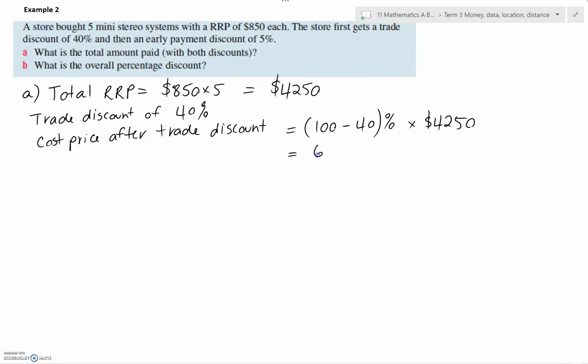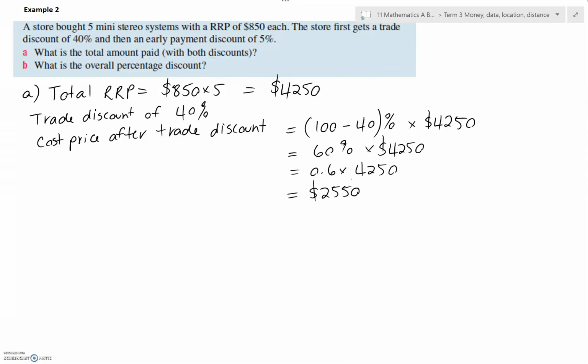So of course that is 60% of 4,250, or 0.6 times 4,250. So the amount they're going to pay for those items after that trade discount is $2,550. Now that's a big discount, but a store has to be able to make money. So these trade discounts often are a substantial amount.